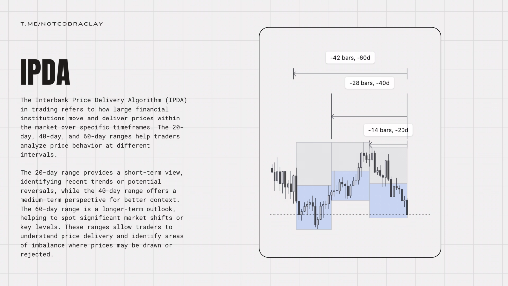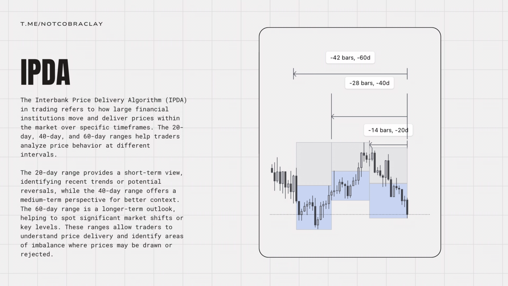The 20-day range provides a short-term view identifying recent trends or potential reversals. Write that down. While the 40-day range offers a medium-term perspective for better context, understanding if major swing lows or swing highs get broken, or whatever is going on in the markets, which are key levels which we will get to later in the series in depth.